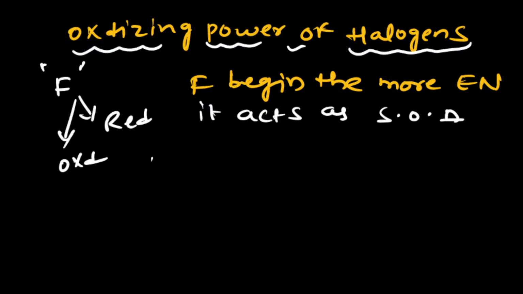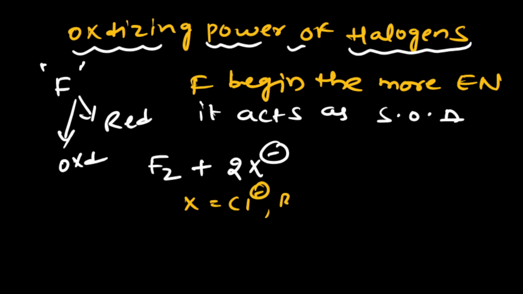Now suppose F2 is given, and it reacts with the halide 2X minus, where X may be Cl minus, Br minus, I minus. Fluorine will never ever be oxidized, my dear friends. When reacting with the halogens, it will never ever be oxidized. You have to be very careful with this one.